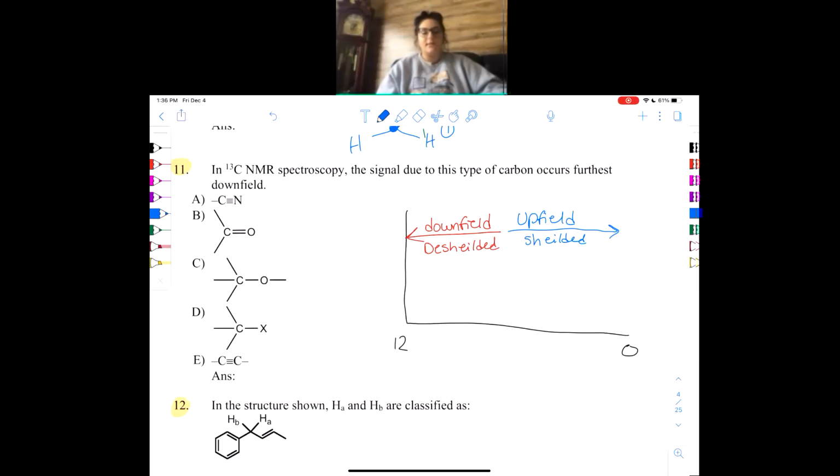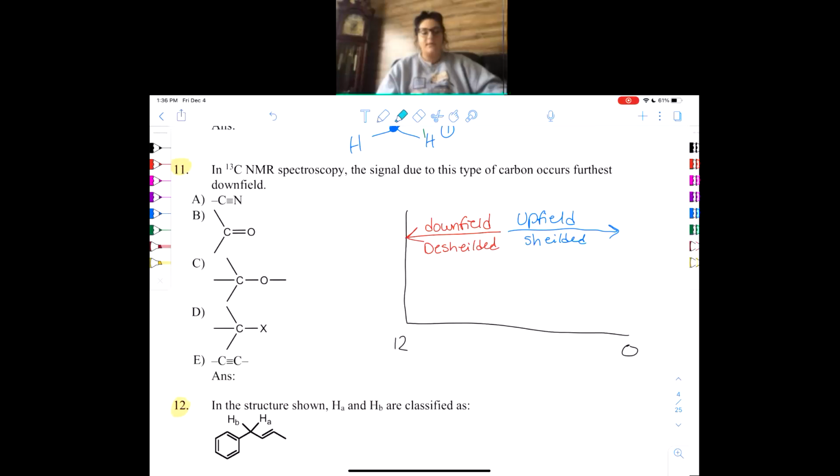All right. So I'm going to trust that you guys have the little NMR regions cheat sheet thing that I gave you. So please tell me, which of these would be the most downfield? Ooh, good.